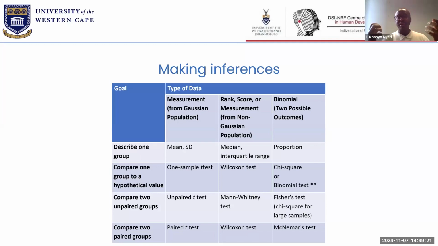But if you've got two independent groups, different individuals classified by, for example, diseased or not diseased, and you want to compare the characteristics of those groups, then you will use an independent t-test if they fulfill the assumptions of a Gaussian distribution. But if they don't, then you will use a Mann-Whitney test. And to compare two proportions, you may use a chi-squared test.